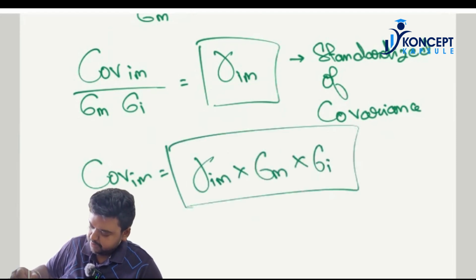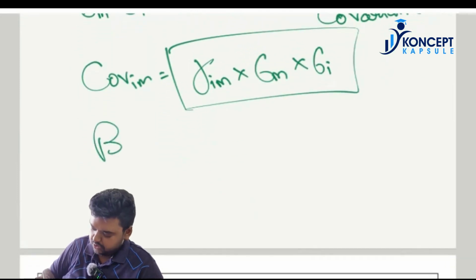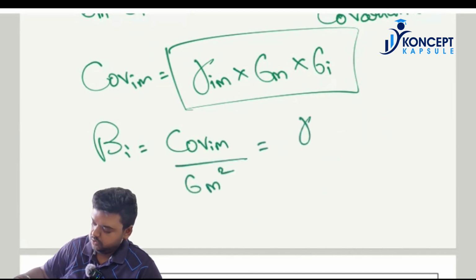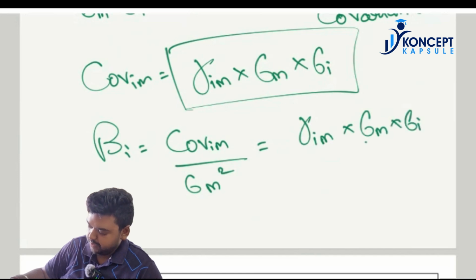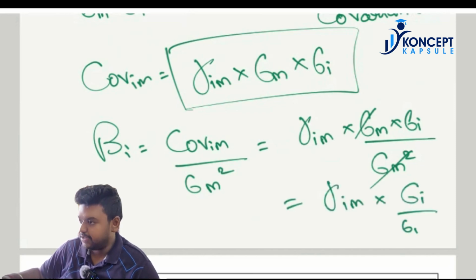Now, replacing it in the beta formula, beta I is equal to covariance Im by sigma m square, which is also equal to correlation into sigma m into sigma I by sigma m square. Sigma m is cancelled, which is nothing but correlation into sigma I by sigma m.